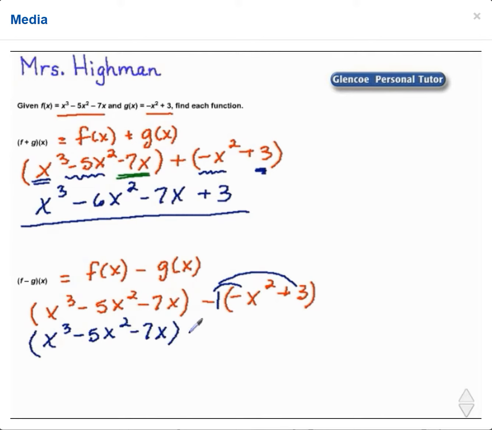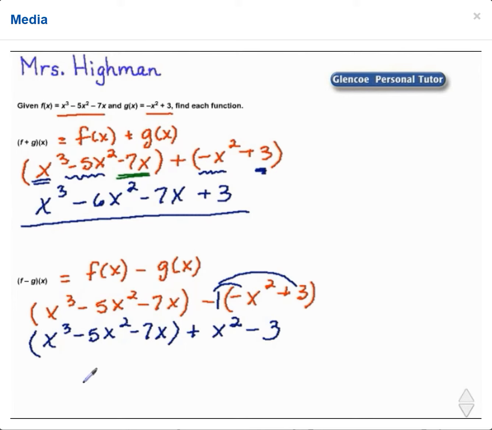And now we're going to be adding. This will be now positive x squared. And this will now become negative 3 if we distribute that negative to both terms.